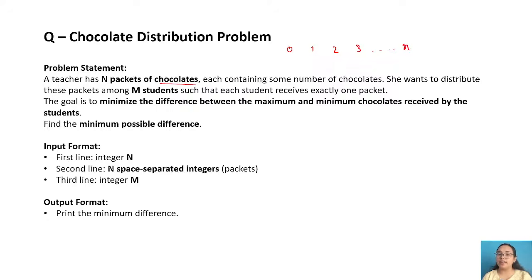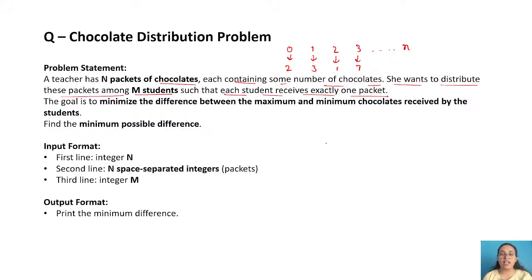Now, each packet contains some number of chocolates. In each packet, there could be some number of chocolates, let's say 2, let's say 3, let's say 1, let's say 7. It could be any number of chocolates in that particular packet. Now she wants to distribute these packets among M students such that each student receives exactly one packet.